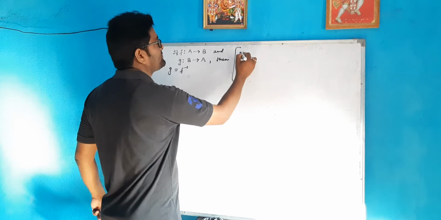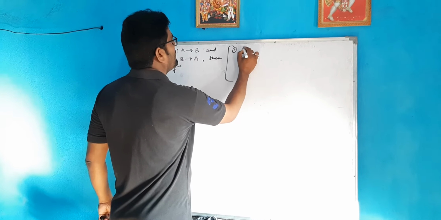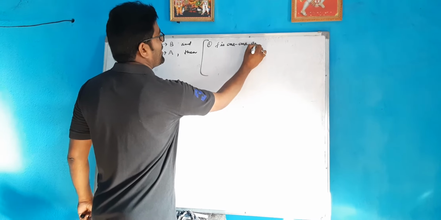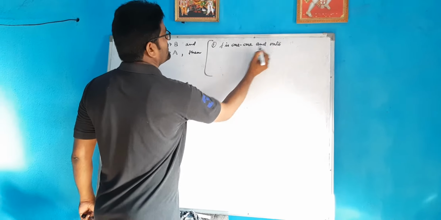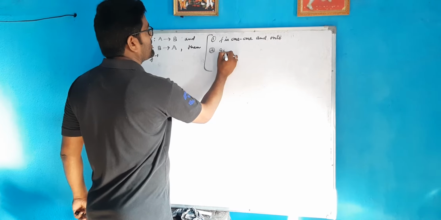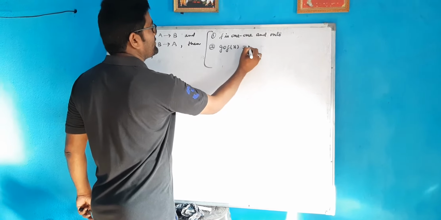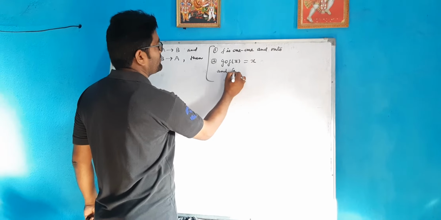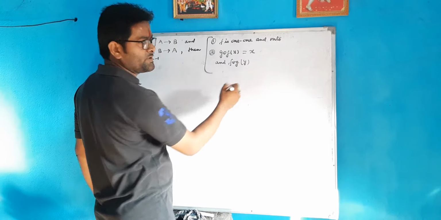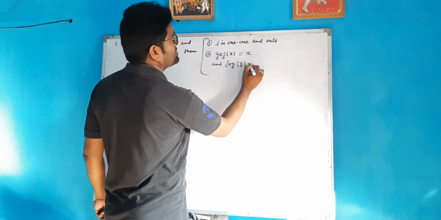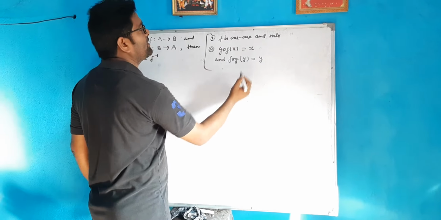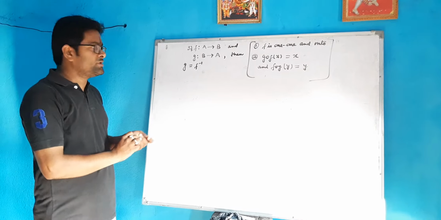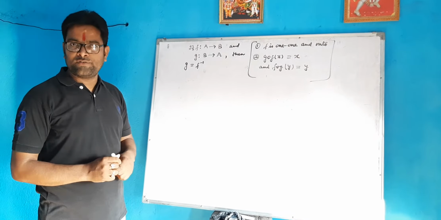First condition, f is one-one and onto. Second, gof of x is equal to the identity function of x, that is x, and fog of y, that is f of g of y, is equal to y, the identity function on Y. So if these two conditions hold, the function is invertible, and we say g is the inverse of f.